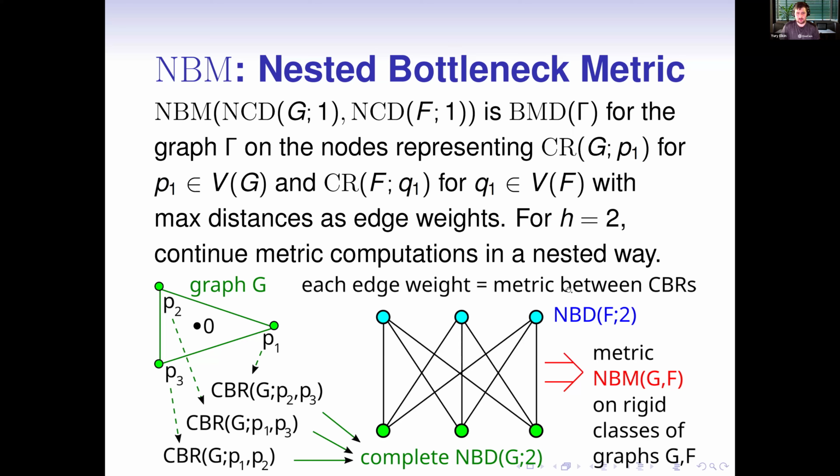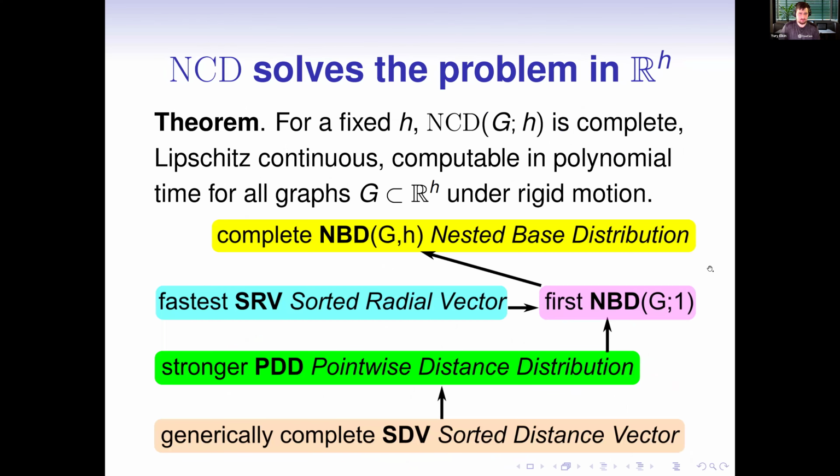So there's a lot of bottleneck distance computations, and in the end, in our paper, we showed that this invariant, together with the metric that I have introduced, is complete. It's also Lipschitz continuous, and computable in polynomial time.